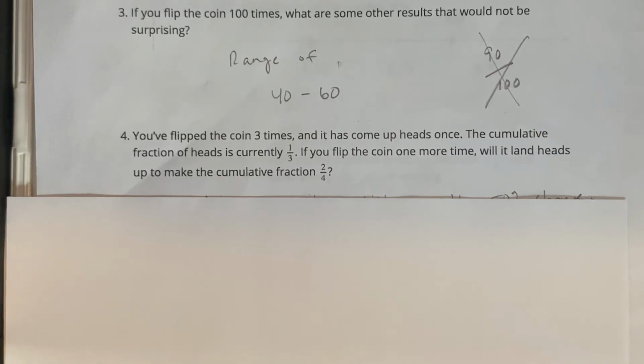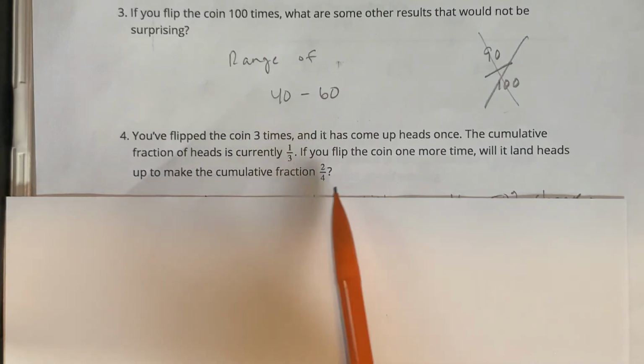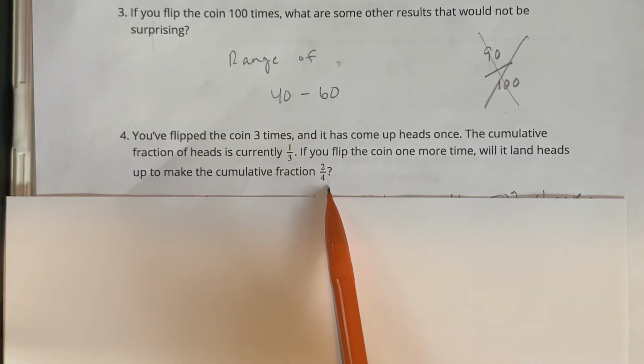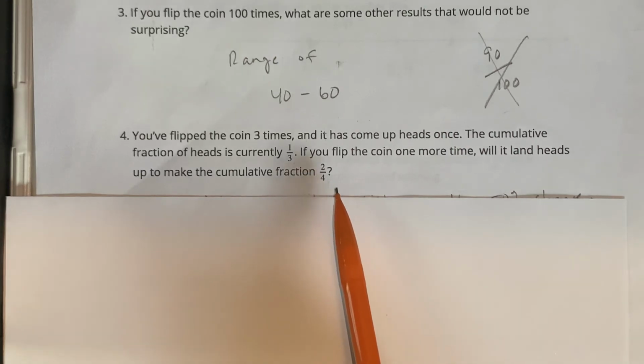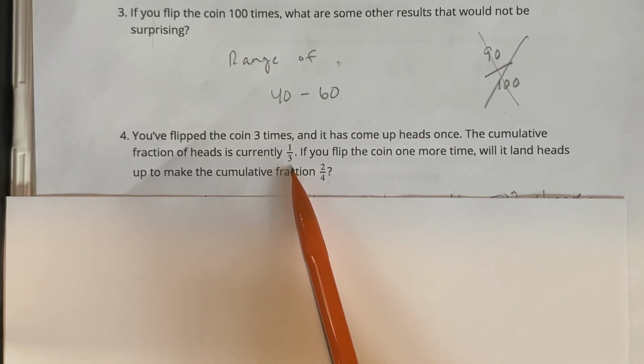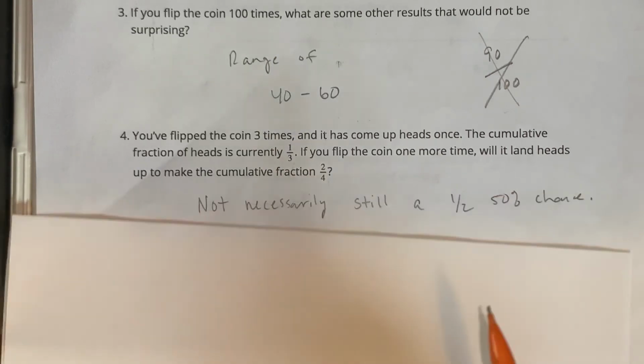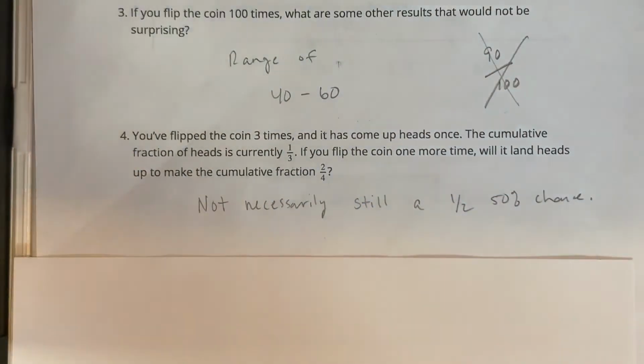So if we flip the coin 3 times and we've gotten a head once, are we guaranteed to get a head on the next flip? And the answer, you guys know, is no, right? What's the chance, if you've done 1 out of 3 heads, that on that next flip you're going to get a head? Well, the fraction is still a half chance, right? 1 out of 2.